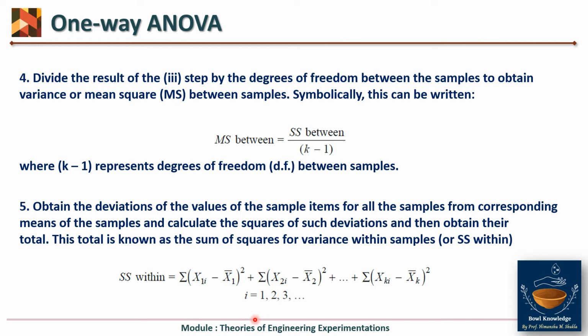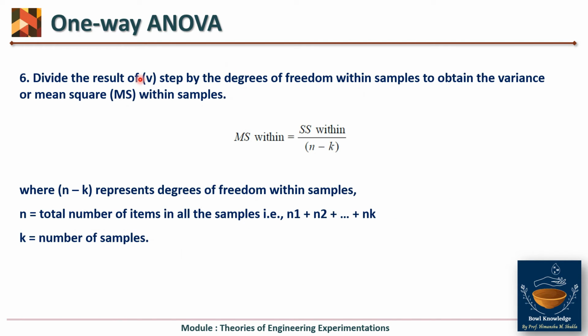You can see the formula, x1i minus x1 bar, and this is the summation term. So if there are 10 readings, you have to take 10 deviations for that sample, then 10 deviations for the second sample, and their sum. In this way you will get the sum of squares of variance within samples.